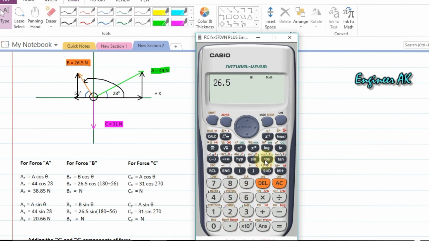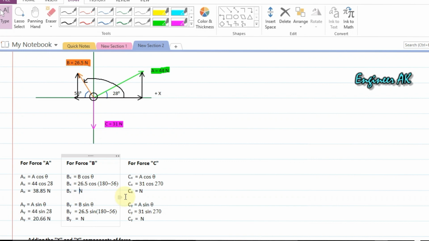26.5 cos of 180 minus 56, so I'm getting minus 14.82, so minus 14.82 Newton.